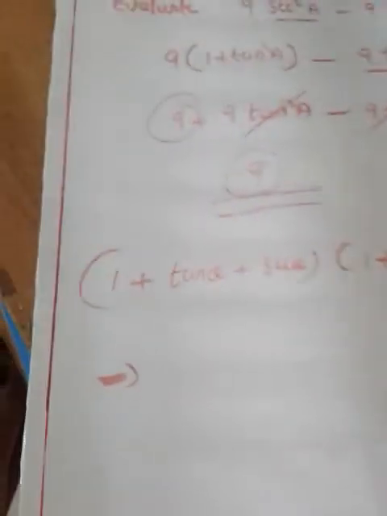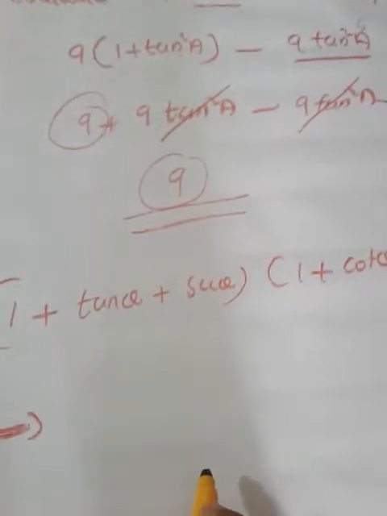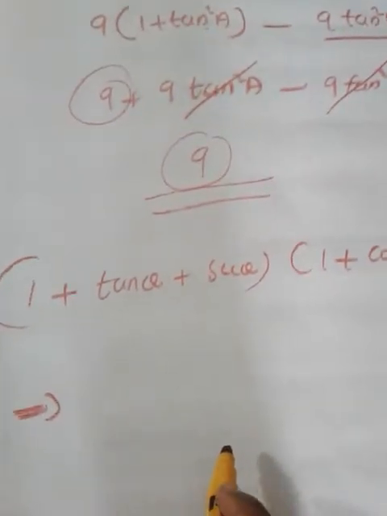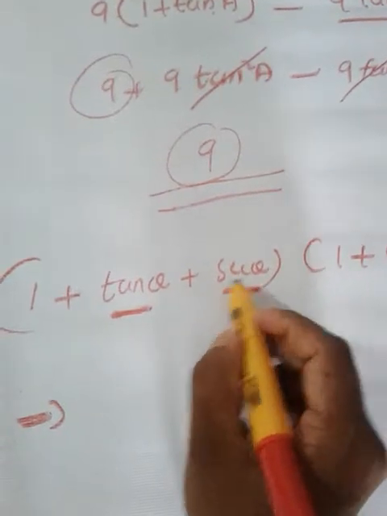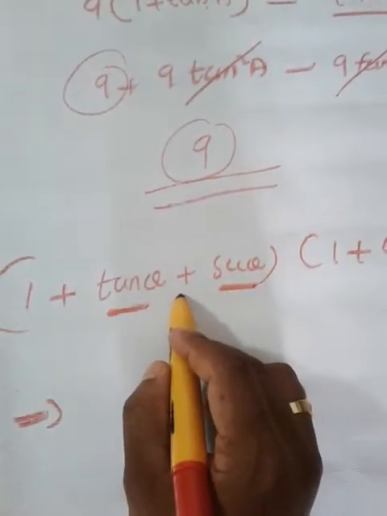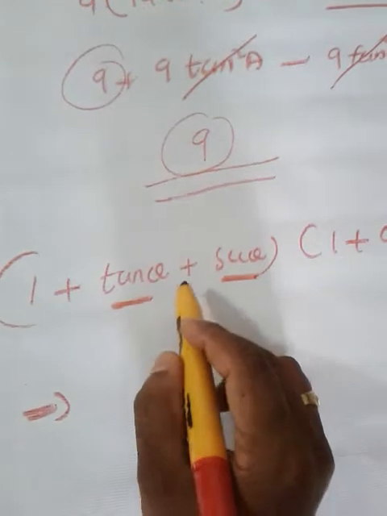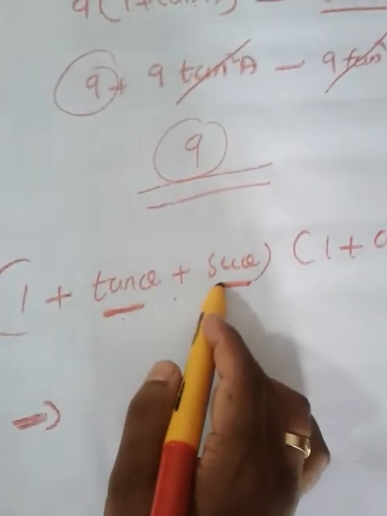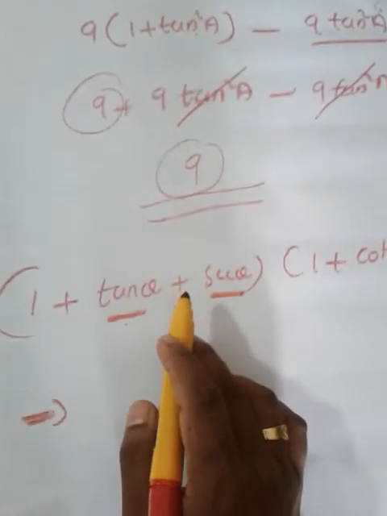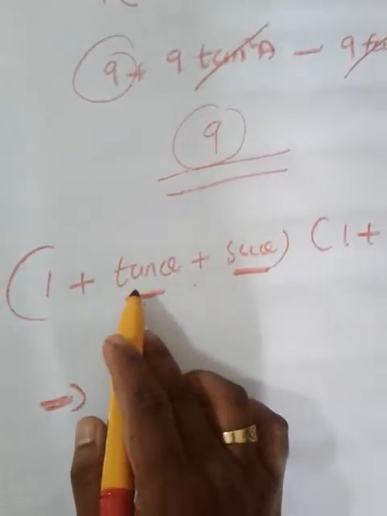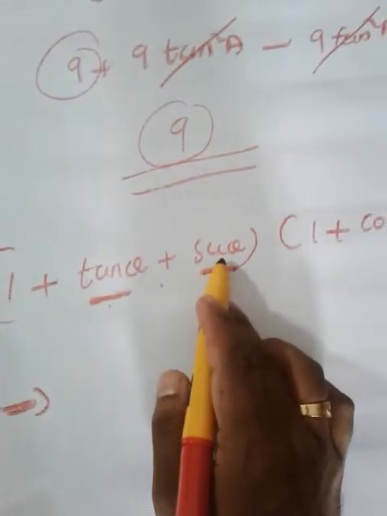Are you following me? Once I told you in the last video, I think I mentioned that if tan and sec come together, and if in between the sign is plus, most of the time we will express tan as sin by cos and sec as 1 by cos.